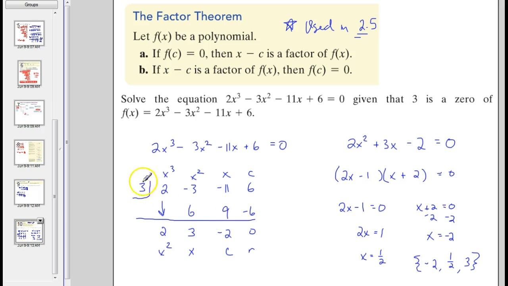Alright, 3 from the very beginning, and then 1 half and negative 2 from this factor I get after I've done synthetic division. Now, also, the really important thing is if f of c equals 0, if plugging in 3 into the function gives me 0, then x minus c, x minus 3, is a factor of f of x.